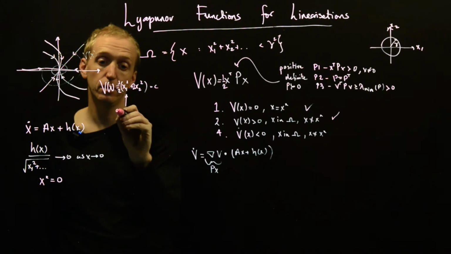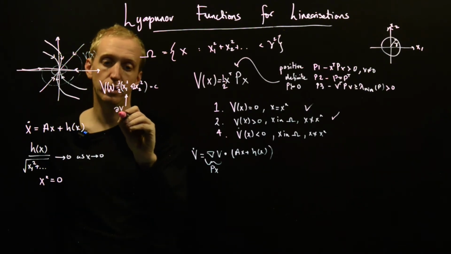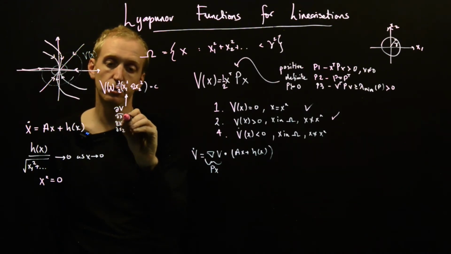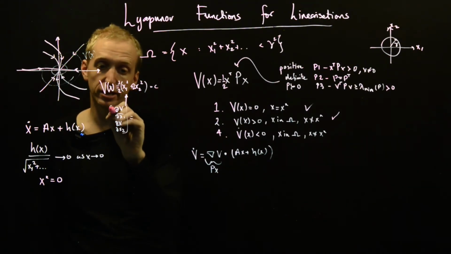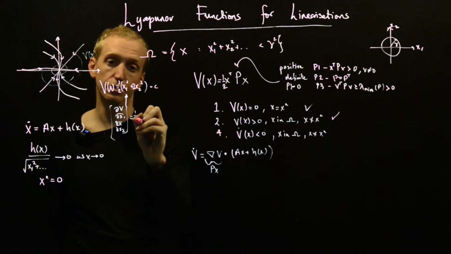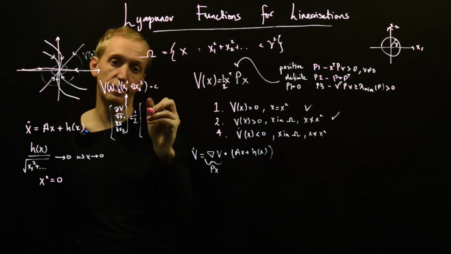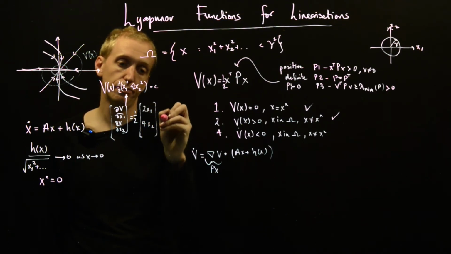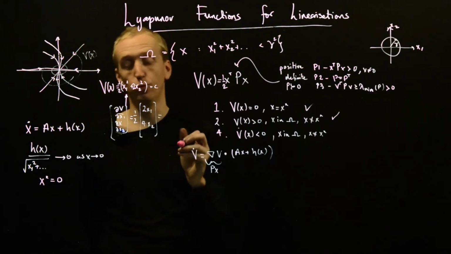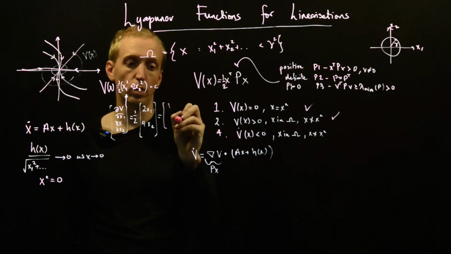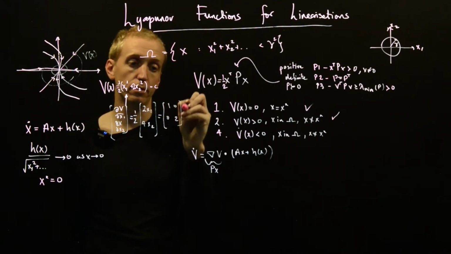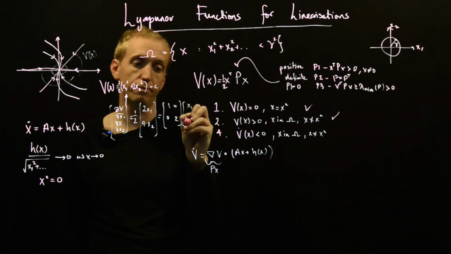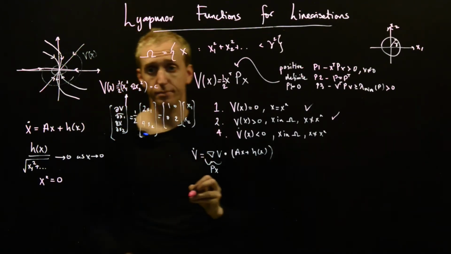So here we have that dv/dx1, dv/dx2. So that's the gradient. And this is equal to a half, and then here I get 2x1 and 4x2. And this is equal to the matrix 1, 2, 0, 0 times x1, x2.